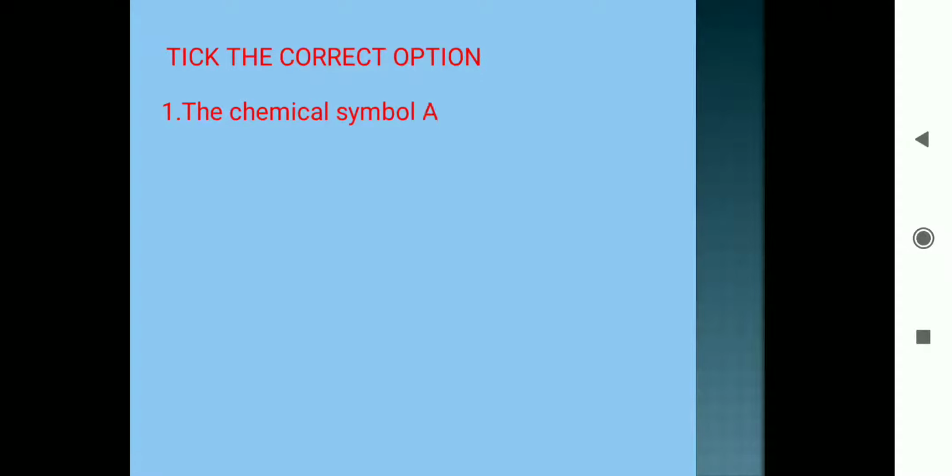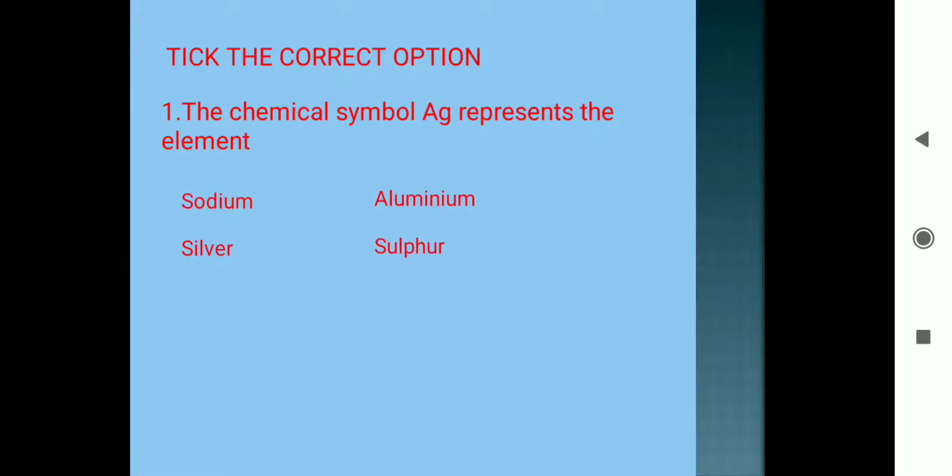The chemical symbol Ag represents the element. Which element is represented by the symbol Ag? Here options are given: sodium, aluminium, silver and sulfur.